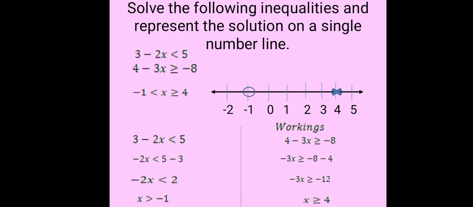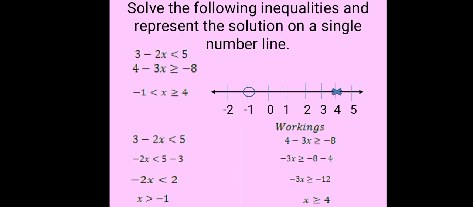So if we solve the first part, we find that x is greater than negative 1. Now we solve the other part.